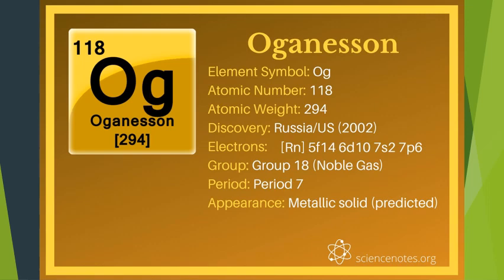This is the last element of the periodic table. Discovered in Russia and US in 2002. Electron distribution: Rn, radon, and the remaining subshell distribution of electrons, that is SPDF. Group 18th element, which is a noble gas, period 7. Appearance: metallic solid, predicted.